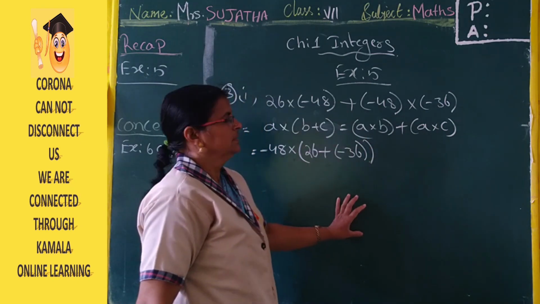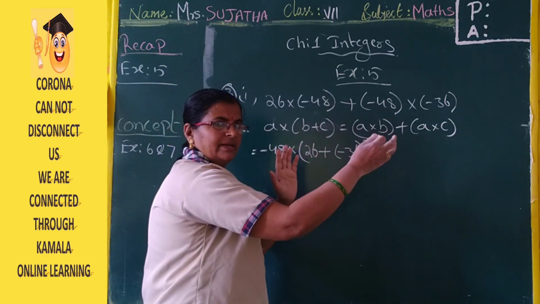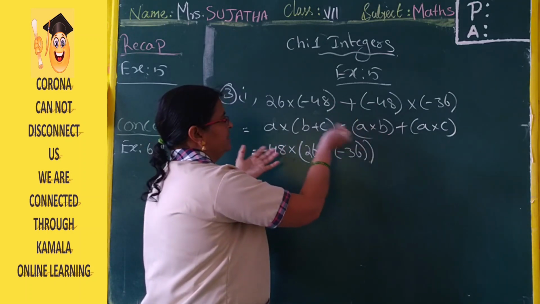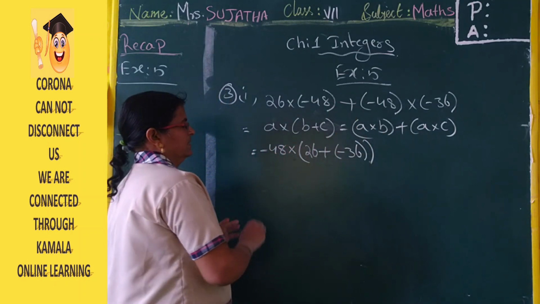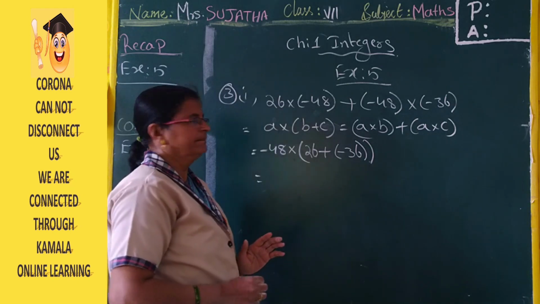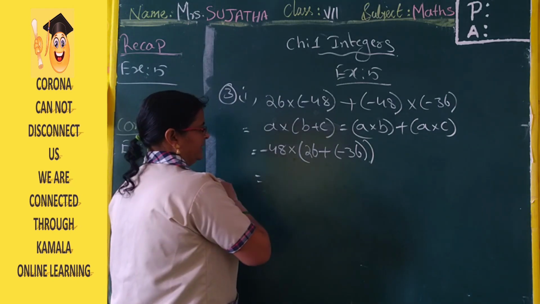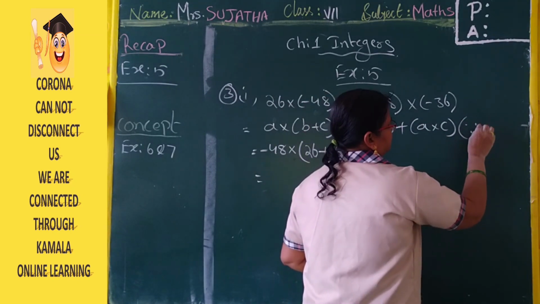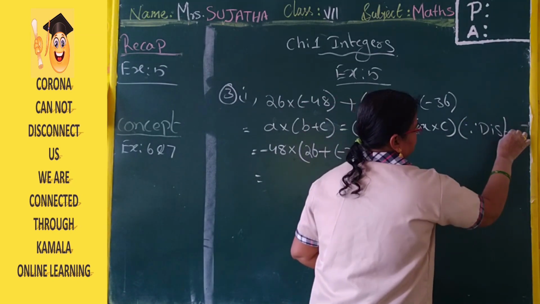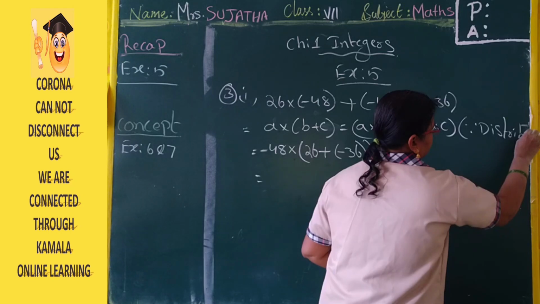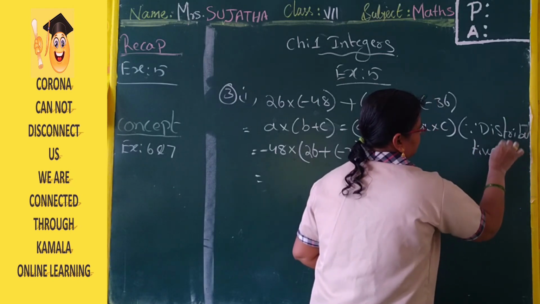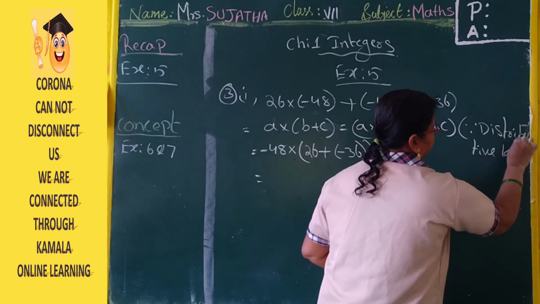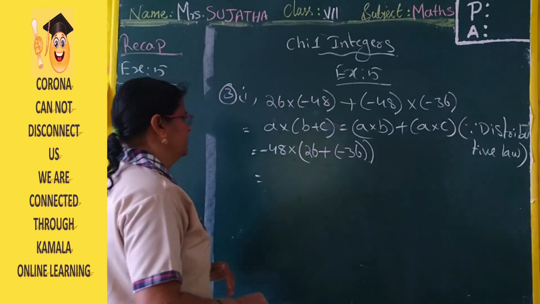Understood or not? So the LHS they given, the RHS they given. We have to write it for the LHS for simplification. Now minus 48, this one you have to write as distributive law, or distributive property you can say.